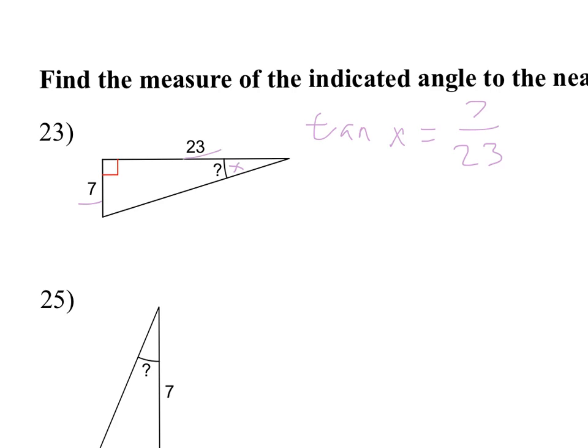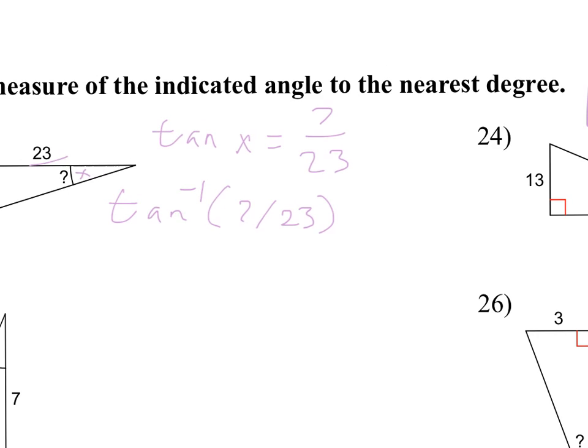We hit second tangent, we get the tangent inverse, and we put 7 over 23. Hit enter, we're rounding it to the nearest degree, and when we do that, we find out that x is equal to 17 degrees.